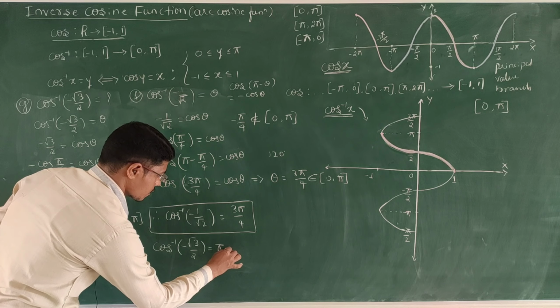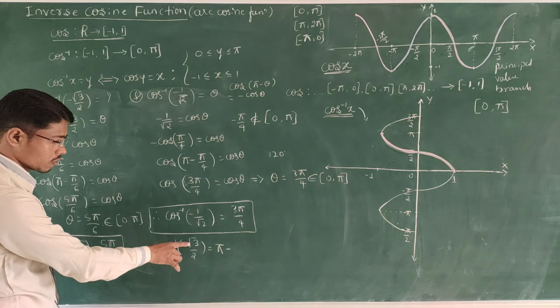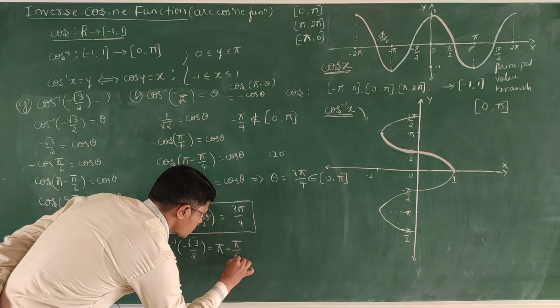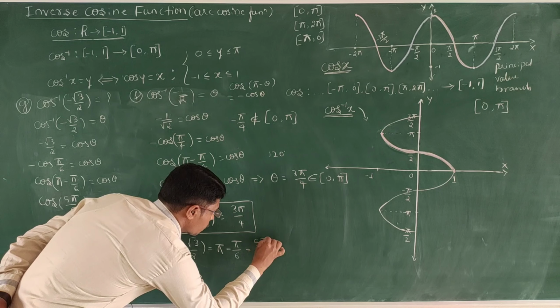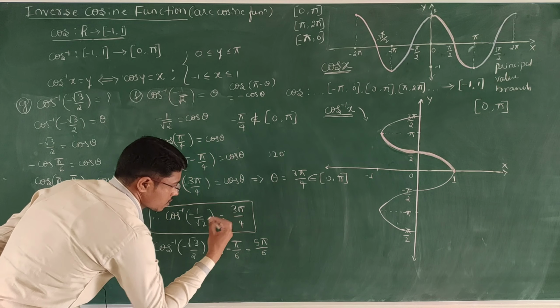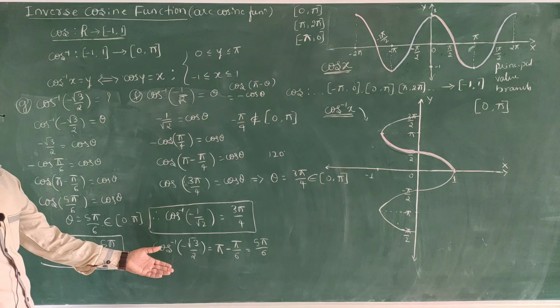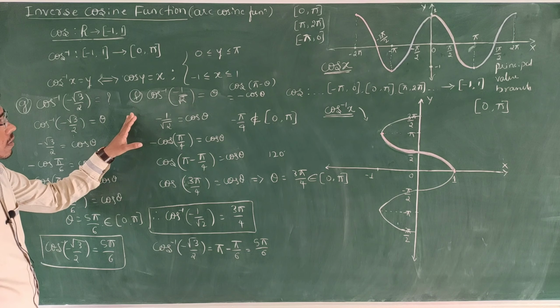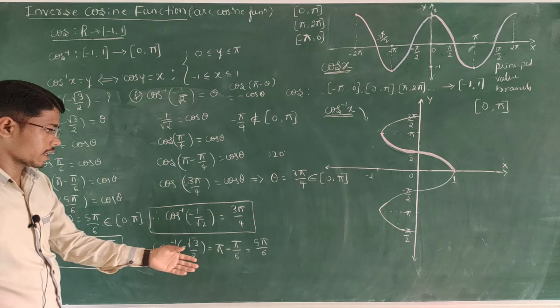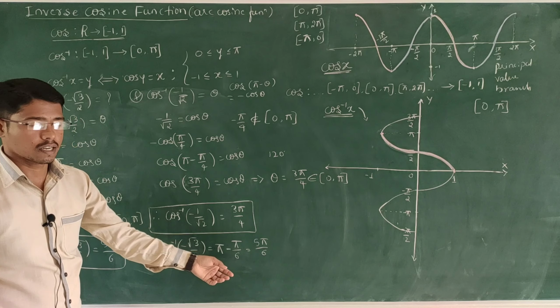Pi minus, so when it is root 3 by 2, pi by 6, this is equal to 5 pi by 6, 6 pi minus pi, 5 pi divided by 6. So we can write like this also for the 1 mark. For the understanding purpose I explained like this, you may write 5 pi by 6 directly.